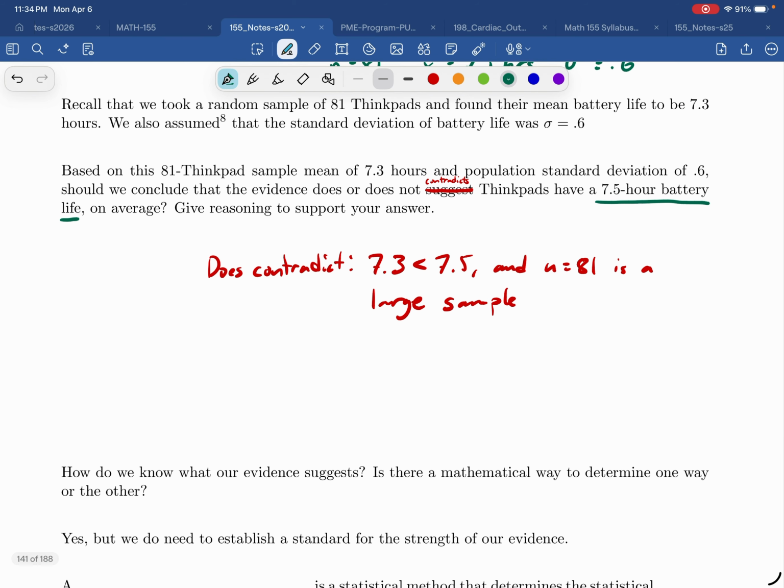On the other hand, maybe the data does not contradict the claim.